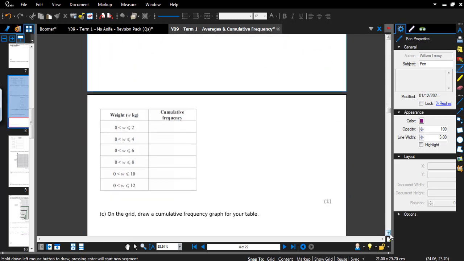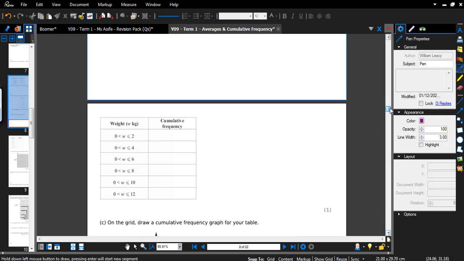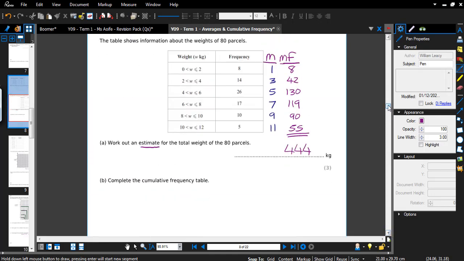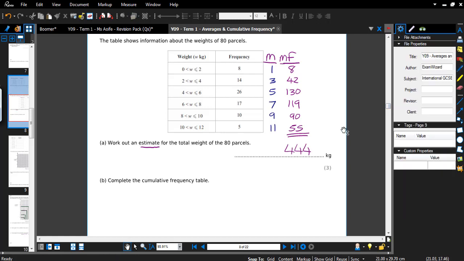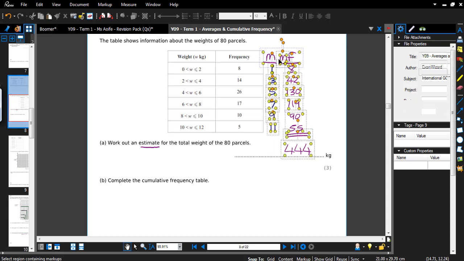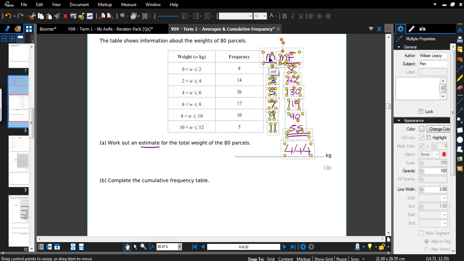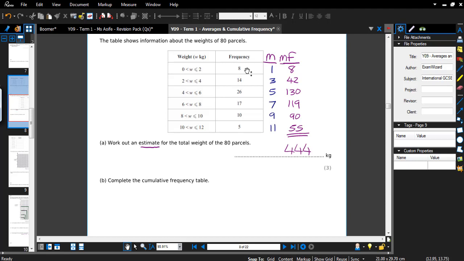Now, complete the cumulative frequency table. So let's go. Cumulative frequency. Okay, so basically it's these numbers that we're looking for.